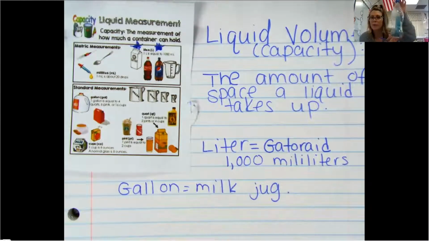I will keep referring back to this bottle that is 1 liter exactly. Not all water bottles are exactly a liter, okay? This is a little bit taller. One regular water bottle, the plastic ones, would probably be half of a liter. So you would have to have 2 of those. But just to kind of give you an idea, okay?